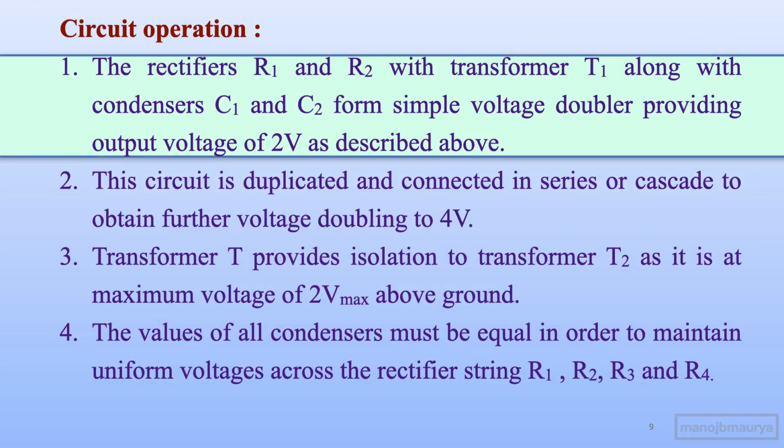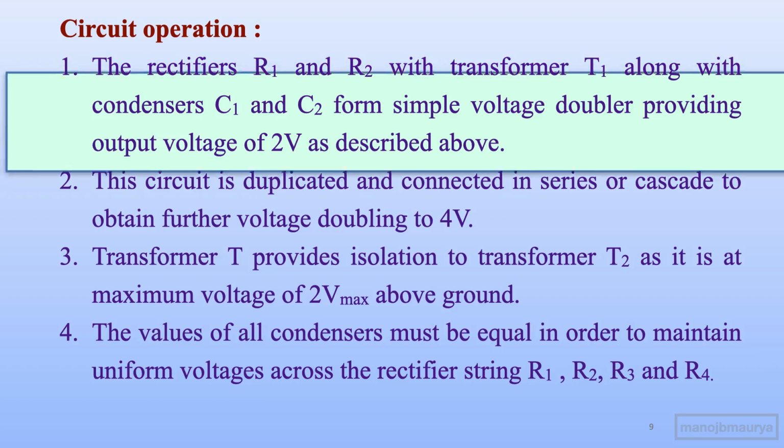The first set of elements, that is rectifiers R1, R2 with transformer T1 along with condensers C1 and C2, form a simple voltage doubler providing output voltage of twice V as described in the earlier part of this video.